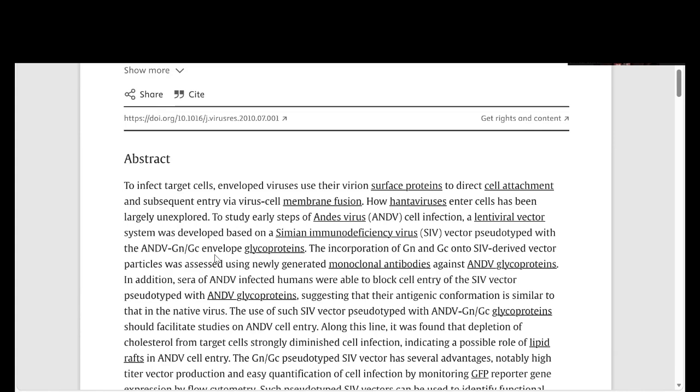In other words, you can make an SIV virus where, instead of having its typical SIV glycoprotein spike, you have now modified and allowed for a chimera of hantavirus Andes as a spike for SIV. Now that's not what they did in this paper, but this is the point I'm making with bioweapon development.